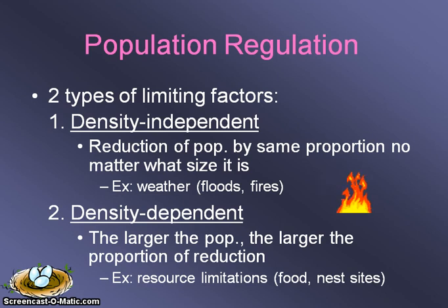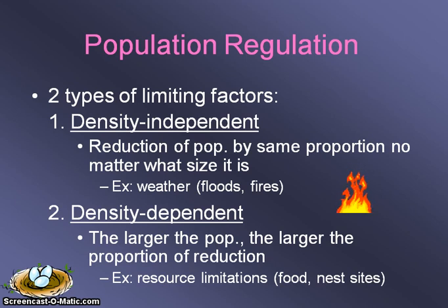Some other ways populations can be regulated are density-independent limiting factors and density-dependent limiting factors. A density-independent factor means that the reduction of the population is going to be by the same proportion no matter what the size is. These would be things like weather conditions, natural disasters. A fire or a flood comes through an area and wipes everything out in its way.